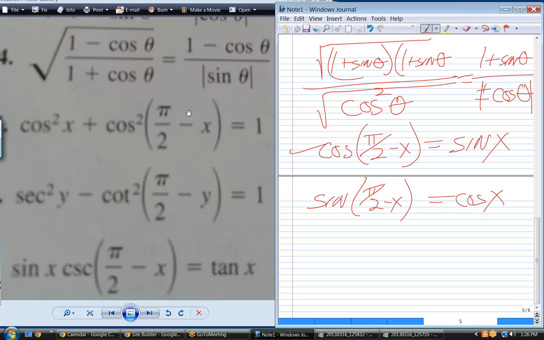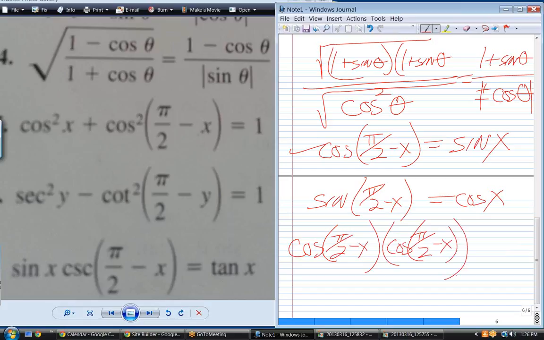Yeah, and in case you're wondering about that, well, this is actually cosine of pi over 2 minus x times cosine of pi over 2 minus x. So I can immediately change each of these into sine x. And then get sine x times sine x, which is sine squared x.